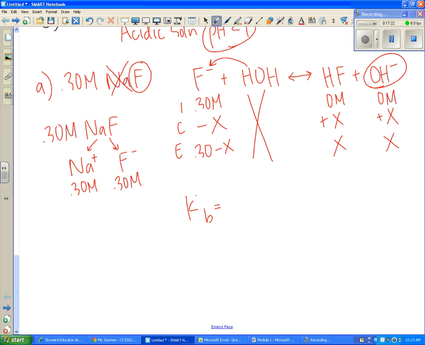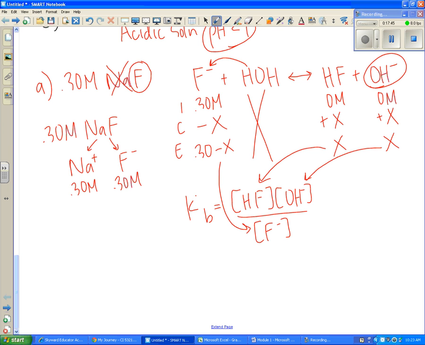Kb will be equal to the concentration of HF times the concentration of OH minus divided by the concentration of F minus. If I knew Kb, I could plug in that number there, and then I could plug in these here, solve for x, and I would know the hydroxide ion concentration. Well, I don't know Kb, but I do know Ka for HF. What was Ka for HF?